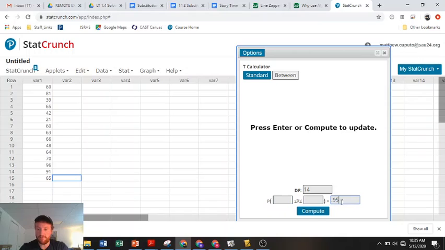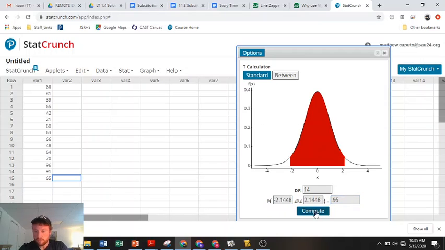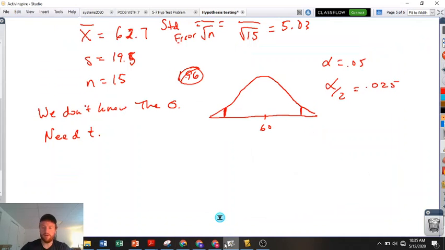I want to put 0.95 in the middle. 2.14. So what we just did was find out where in the T curve that is for the degrees of freedom of 14. 2.14. I think all we need is 2.1. T is 2.1. So just a little bit more than 1.96, right? The T is wider.